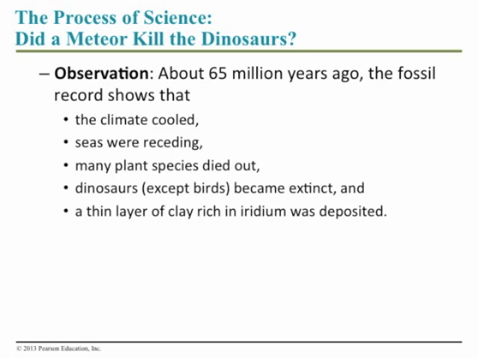As this happened, many plant species began to die out. When plant species die, there's less food, so a lot of dinosaurs became extinct. We're going to talk about birds and how birds are a branch off the same part of the tree that had dinosaurs, but most dinosaurs went extinct at that point.